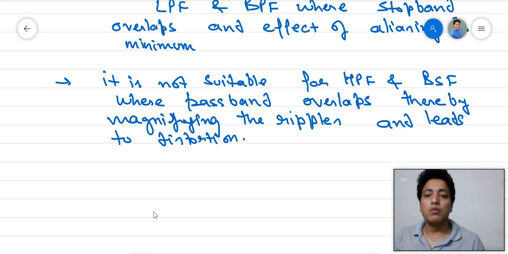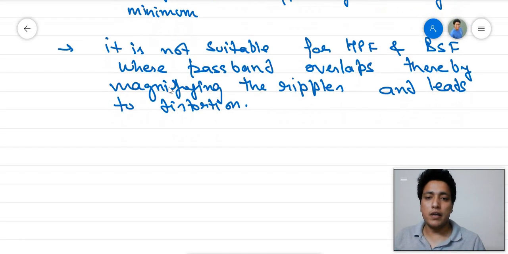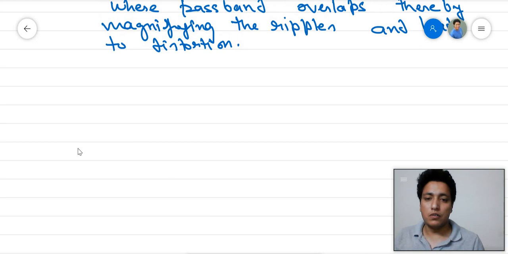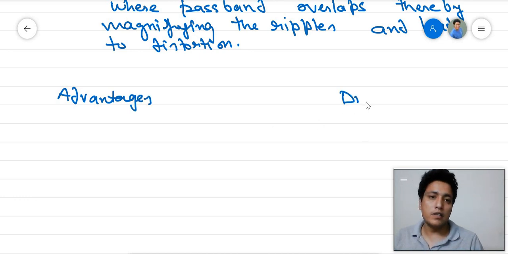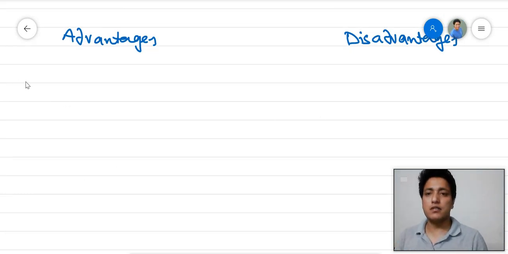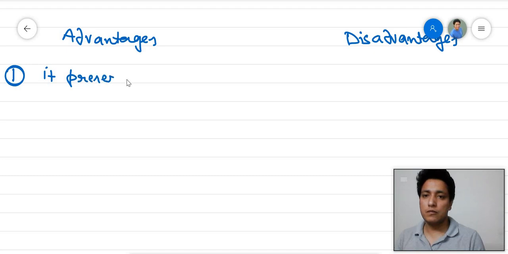Now we will quickly go through the advantages and disadvantages of the impulse invariant method. Advantages: first, it preserves the stability of the filter.